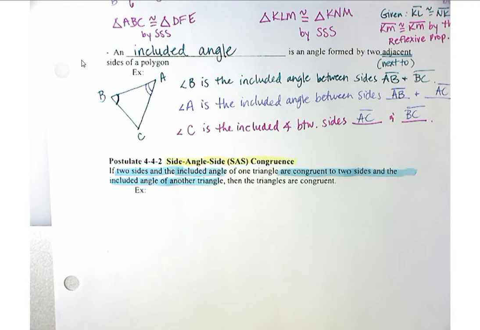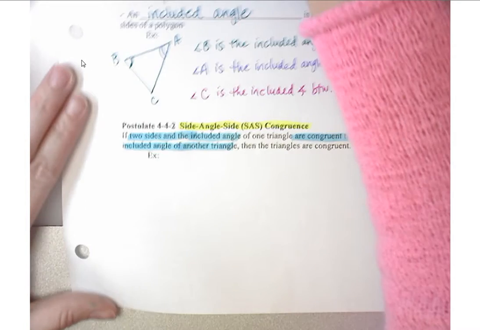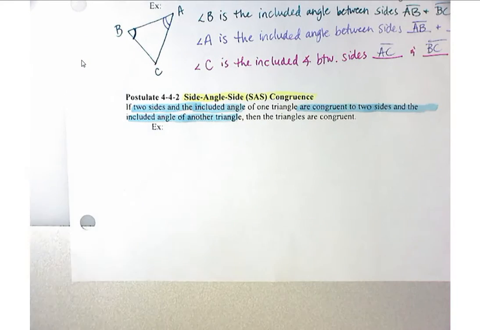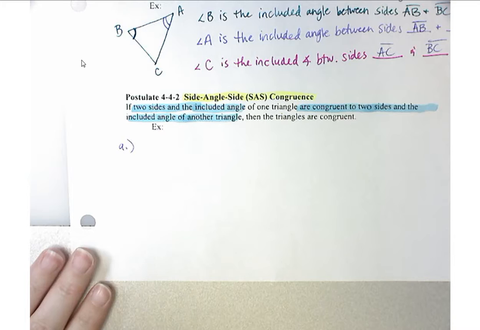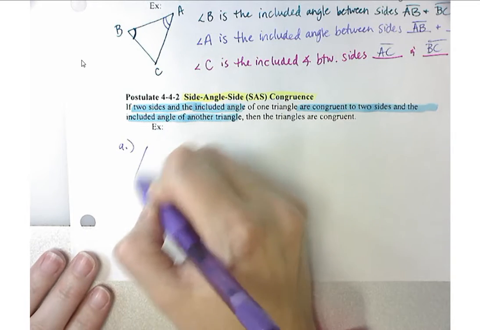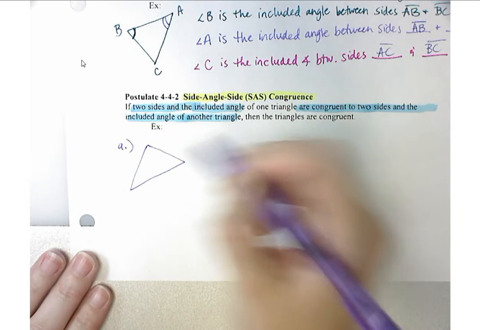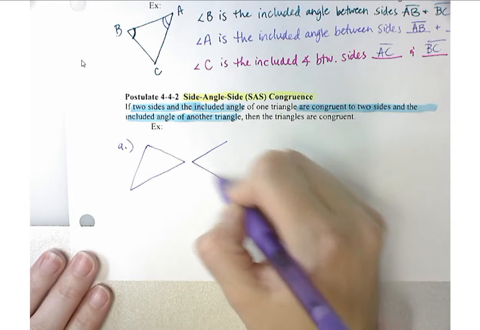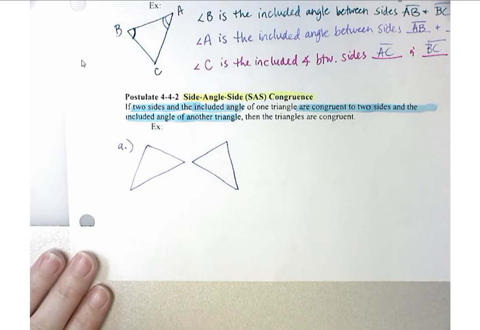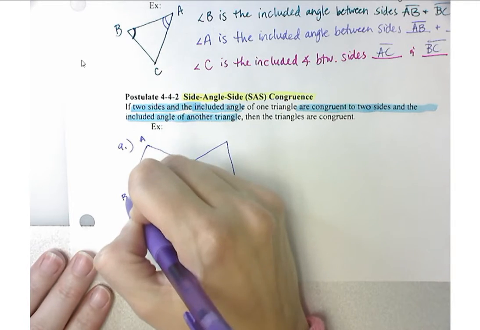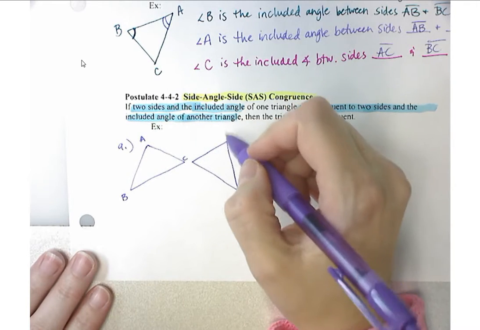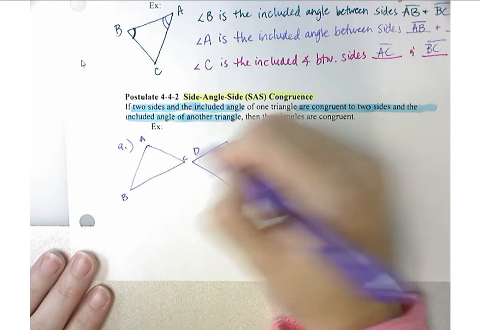So let's do a couple more examples here. Your first one, part A, we'll call. We're going to draw two triangles, and we have ABC, and we have DEF.